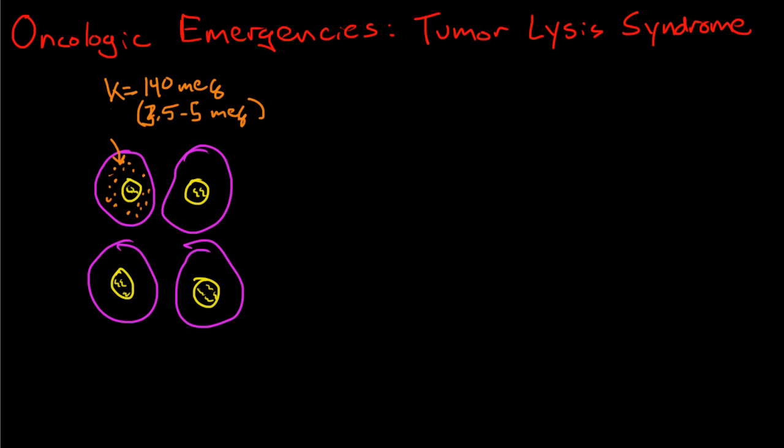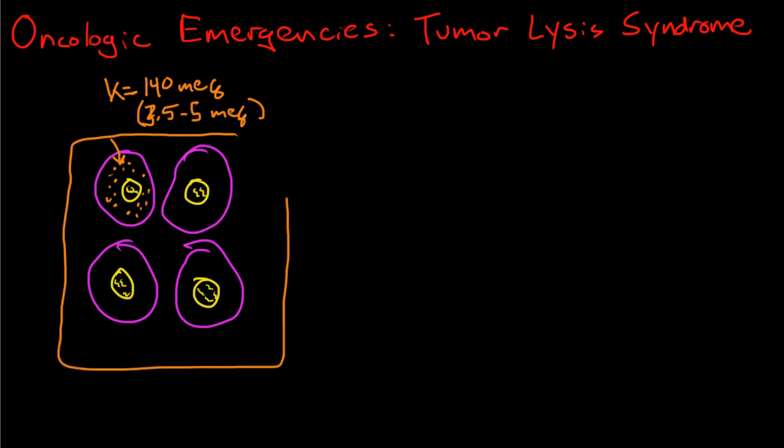All right, so in cases of tumor lysis syndrome, we have very, very high tumor burden. The cancers in which we tend to have tumor lysis syndrome, the most common is AML, and particularly AML with a very, very high blast count.